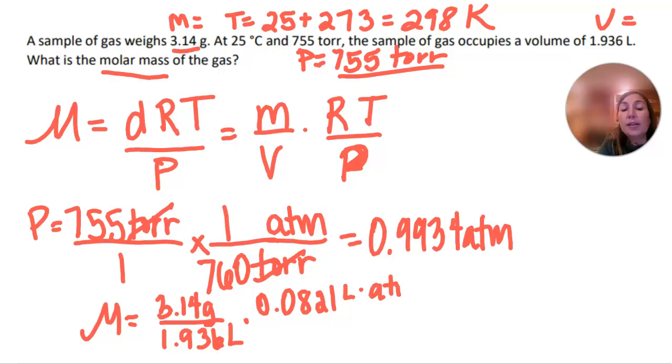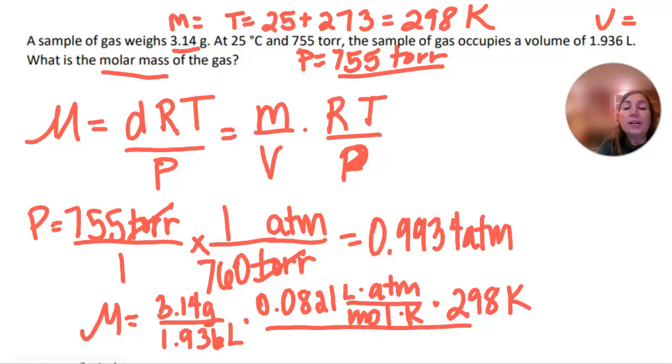I really like to do liter atmosphere over mole Kelvin. A big reason to do these units is you can catch yourself. If atmosphere and torr is not canceling out, that'll be your sign. Oh man, I need to change those units. I'm at 298 Kelvin divided by, again, I know now to put 0.993 for ATM here.